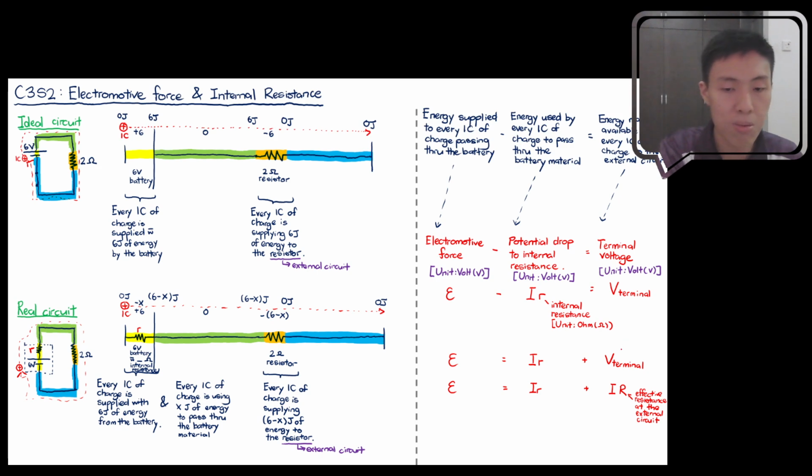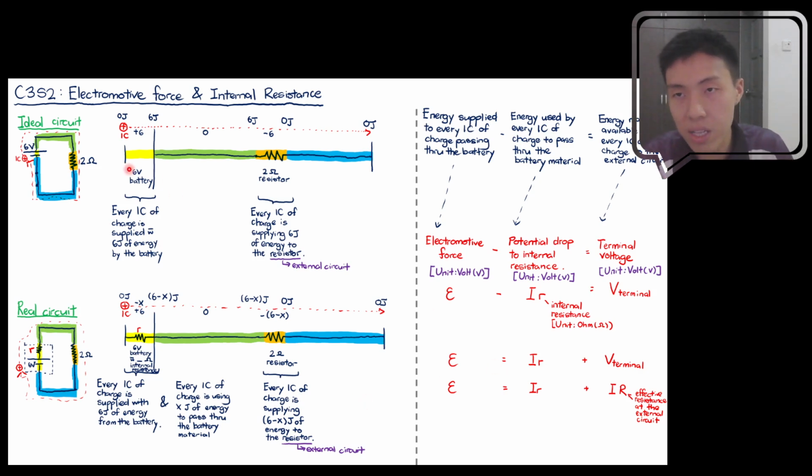Sometimes you can see people write R effective as well, just to represent that it's a combination, because it's not necessarily one resistor. It can be two resistors in series followed by two resistors in parallel. So what you need to do is combine them all, then that combination of resistance will be plugged in here as the effective resistance at the external circuit.